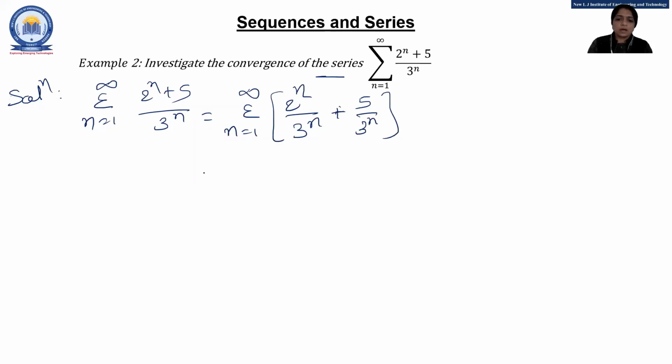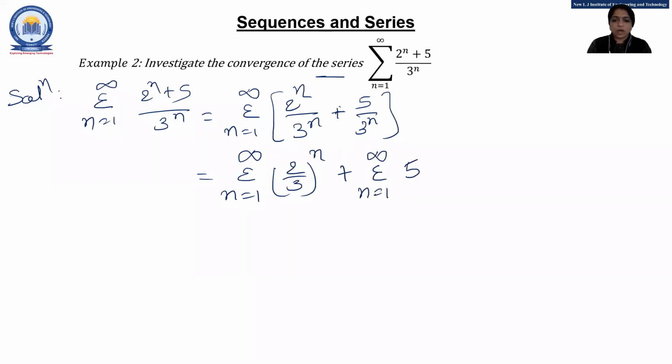After simplification, I write this series as summation n = 1 to infinity of (2 by 3) whole raised to n plus summation n = 1 to infinity of 5 times (1 upon 3) whole raised to n. Students, please listen and see carefully.